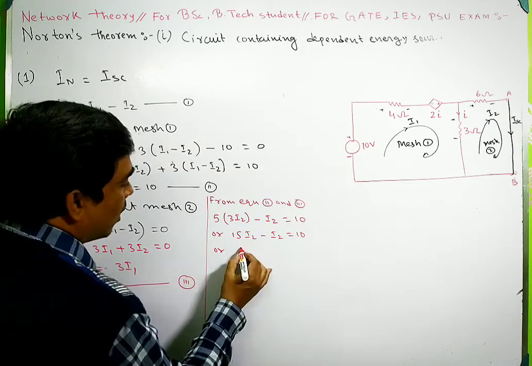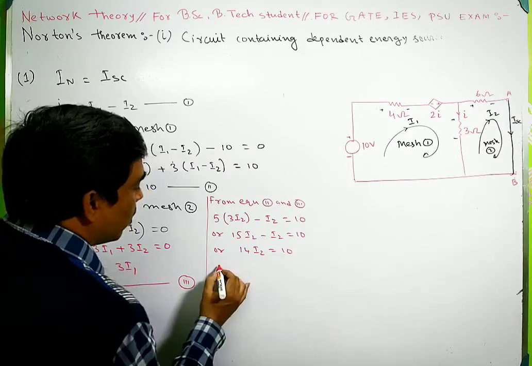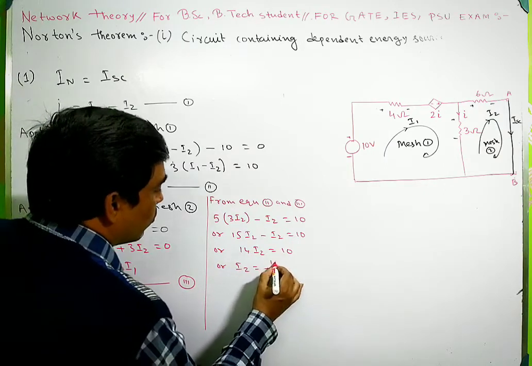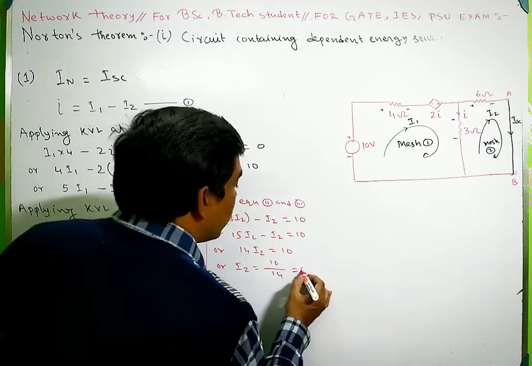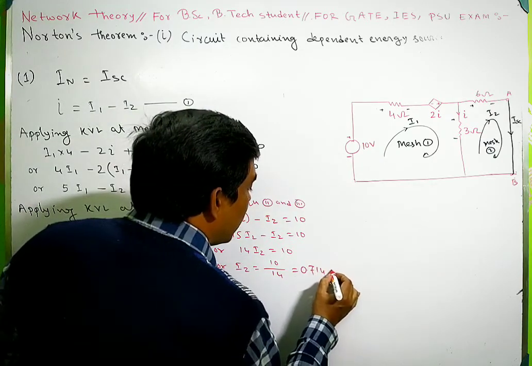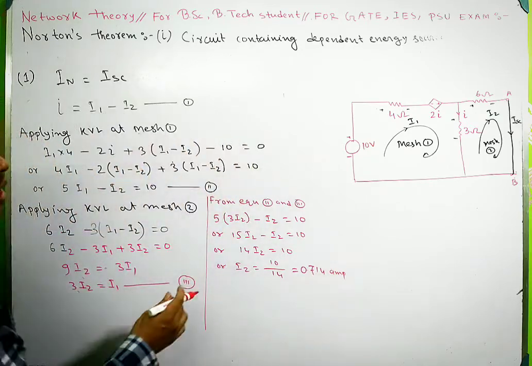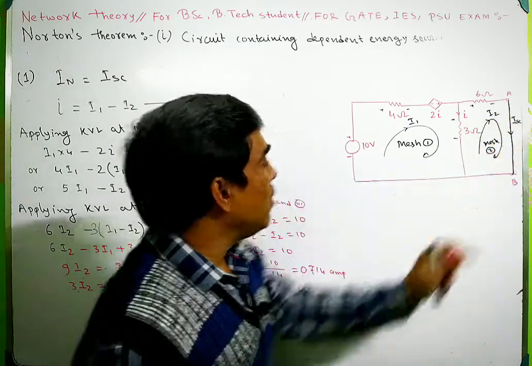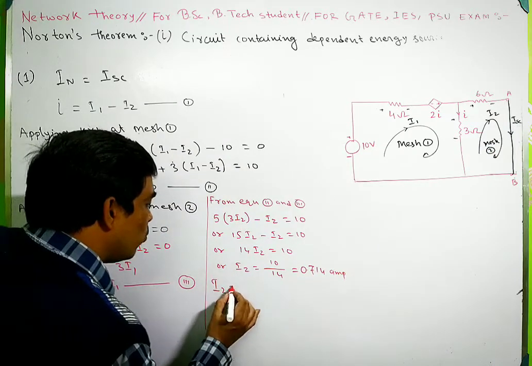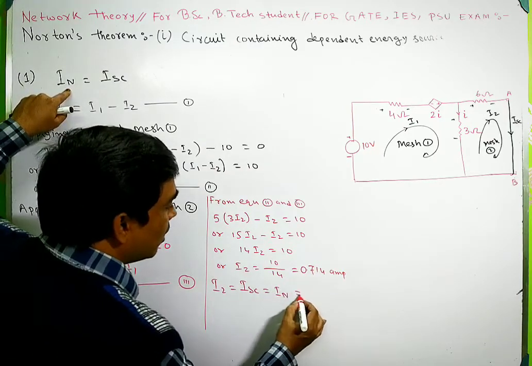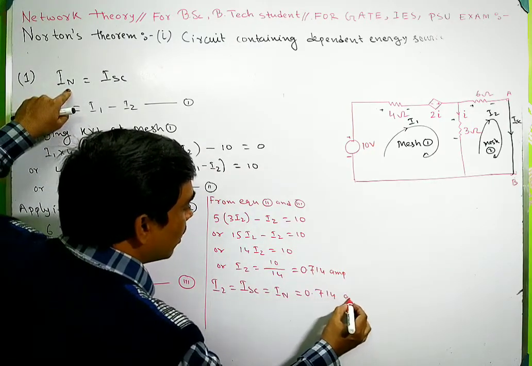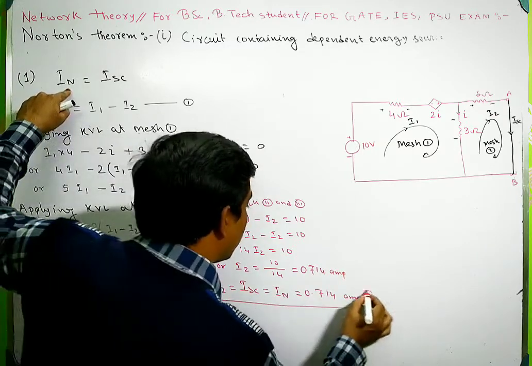So it can be written as 14I2 equals 10, or I2 equals 10 by 14. If you divide 10 by 14, it will be 0.714 ampere. So this is the I2, and I2 equals ISC, ISC means the IN, so IN equals 0.714 ampere. This is the IN.